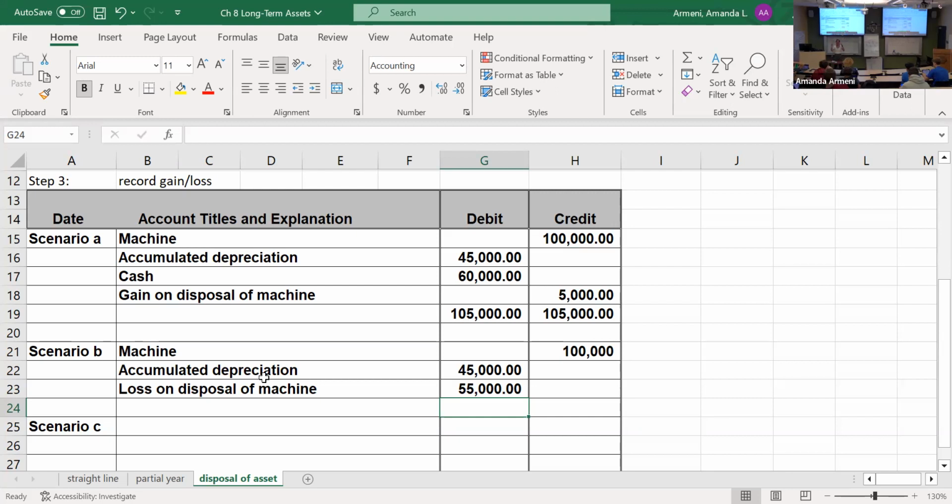If you don't own it and it's not helping you generate revenue for your business, it should not be an asset on your accounting records. And in this case, it was helping us generate revenue. It's just not anymore. Everybody cool? Okay.